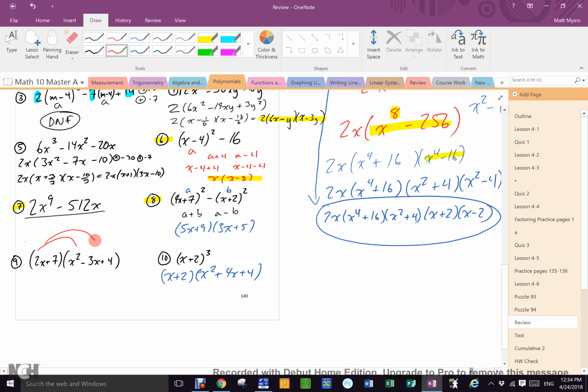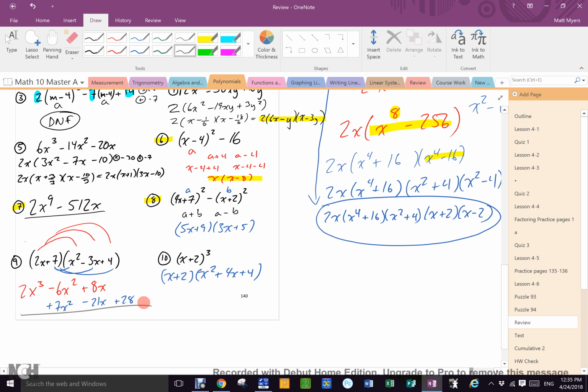I expand that 3 times. 2x cubed minus 6x squared plus 8x. Do you understand that? Okay. Then you just do it again. 7x squared. I'm going to put my x squareds with my x squareds so I remember to gather them up later. 7 times 3, negative 21x. 7 times 4, plus 28.